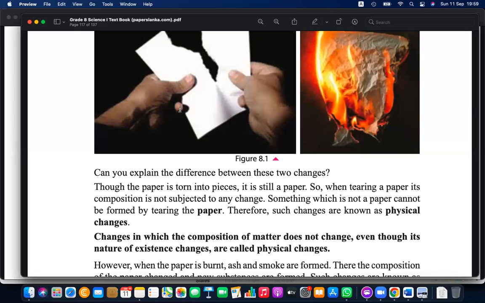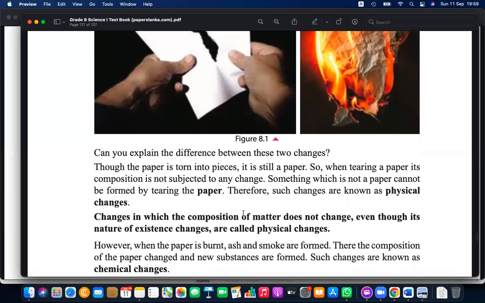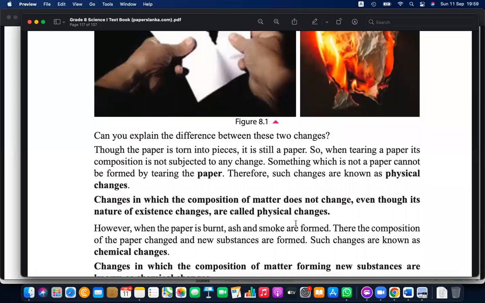But on the other hand, when you are burning a paper, a change of composition will occur. Why? After burning this paper, you will get ash and smoke. It is not the same thing.